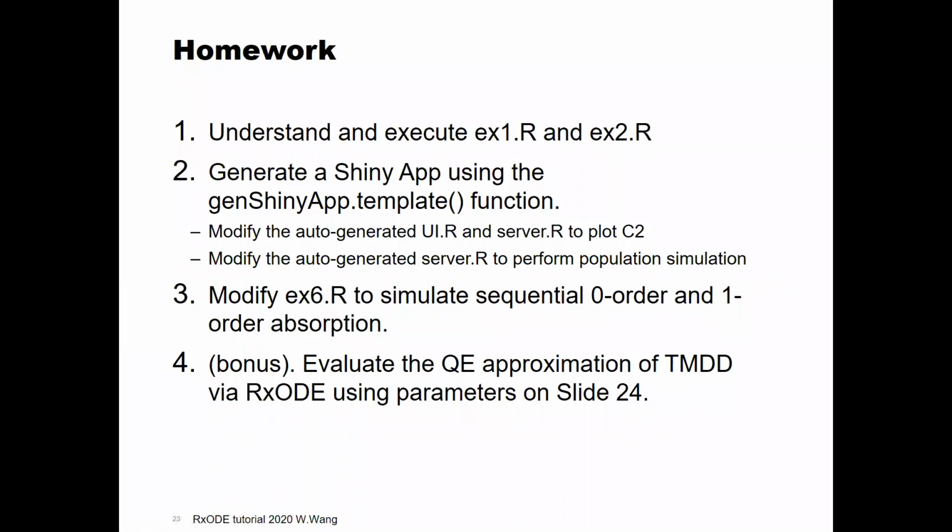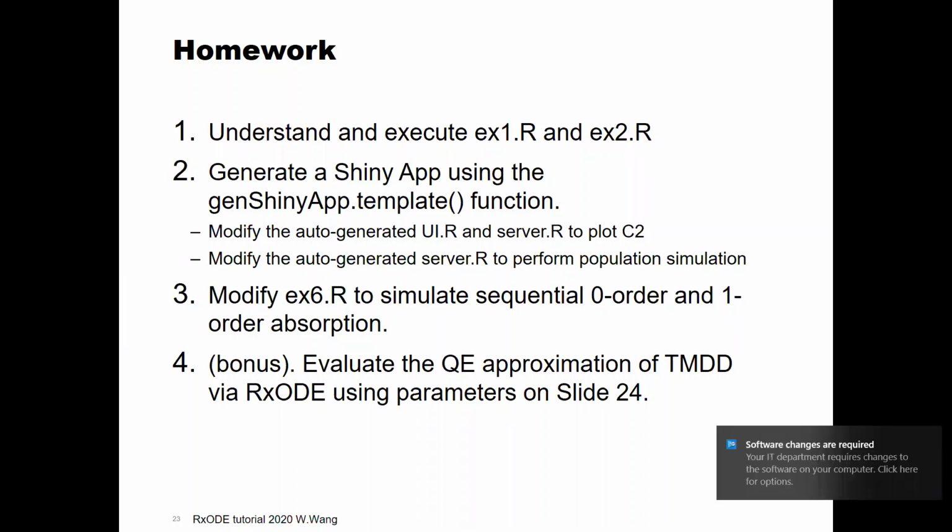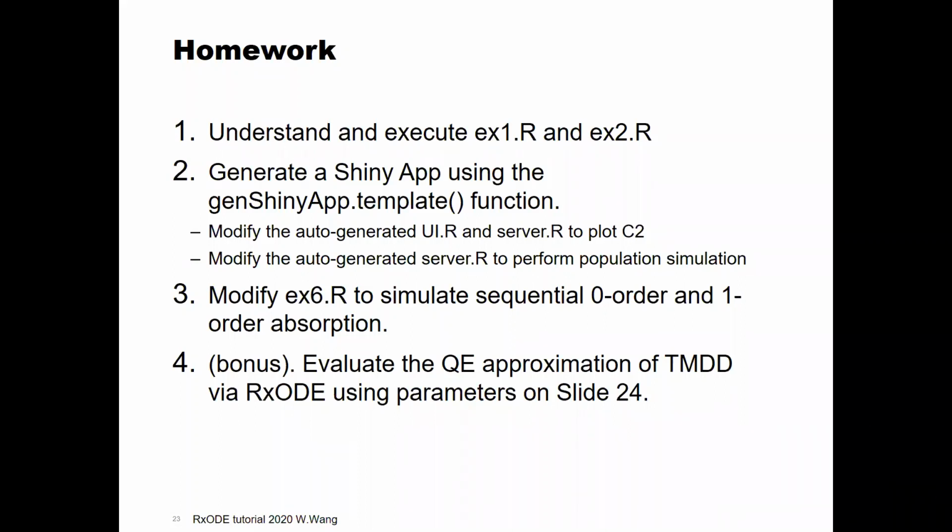What I mean by that is, you do a zero order absorption first, then the first order needs to wait until the finish of the zero order, and then you start your first order absorption. And the last exercise will be a little bit more advanced.